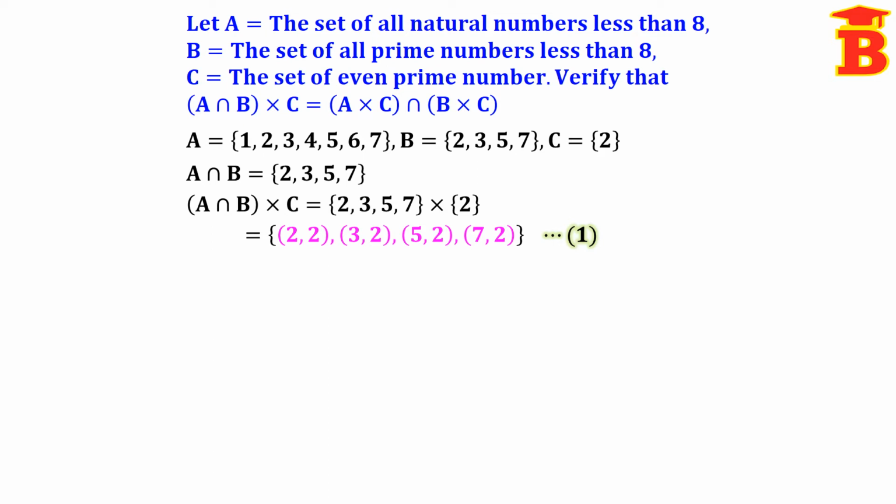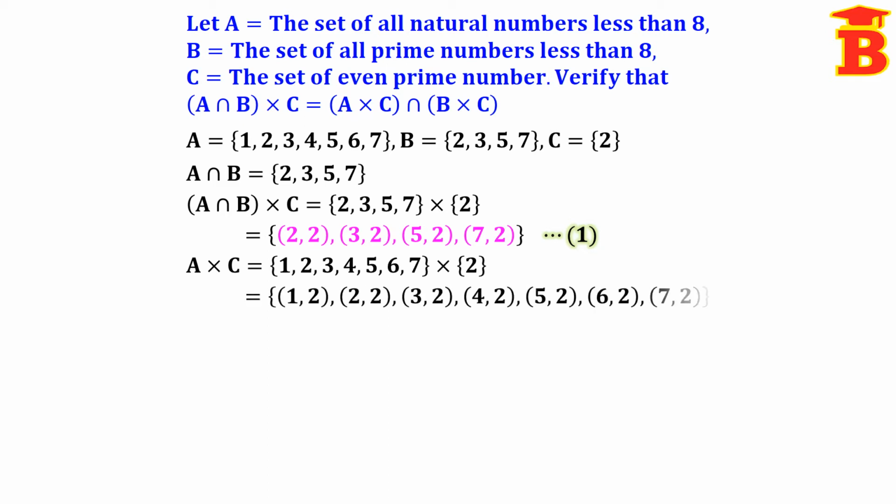So this left hand side, take it as equation 1. Now we have to find the right hand side. A cross C equals the set A, 1, 2, 3, 4, 5, 6, 7, cross the set C, which is 2. For this cross product, just combine and write all the ordered pairs: (1, 2), (2, 2), (3, 2), (4, 2), (5, 2), (6, 2), (7, 2).